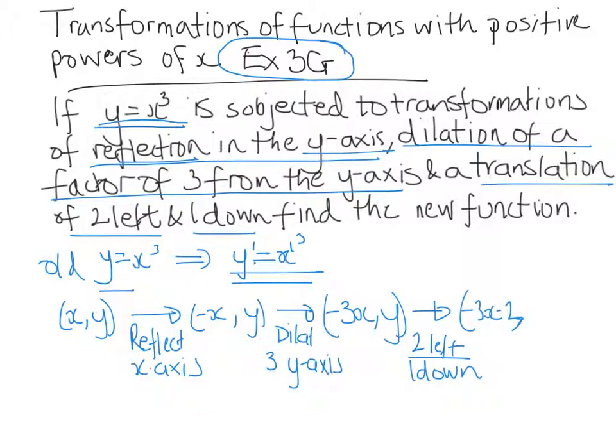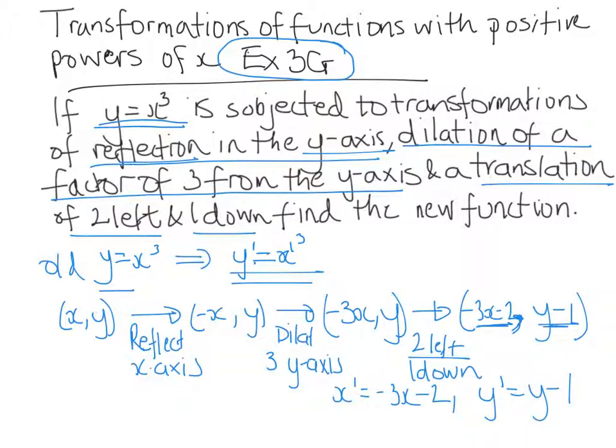And the y values are 1 less than they used to be before. So that would mean x dash would be equal to minus 3x minus 2, and y dash would be equal to y minus 1.